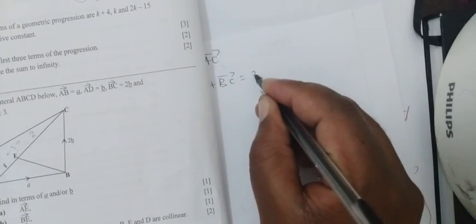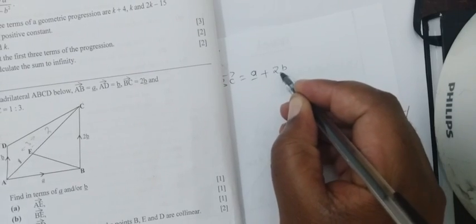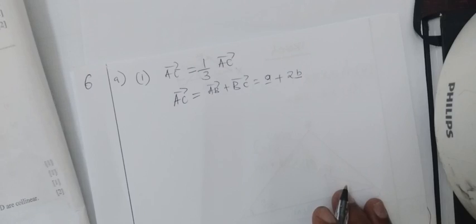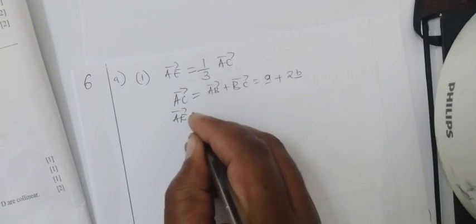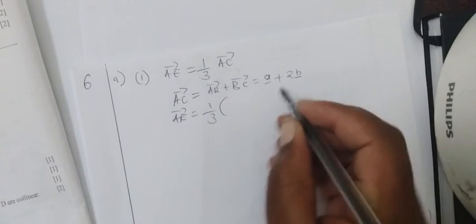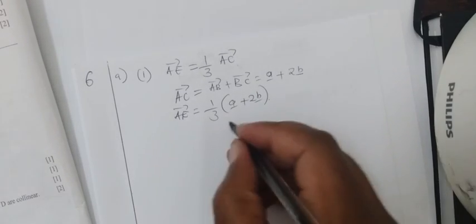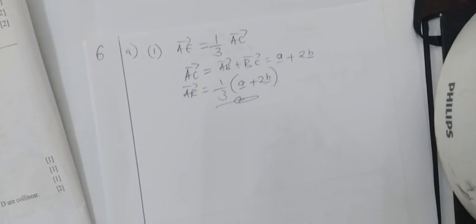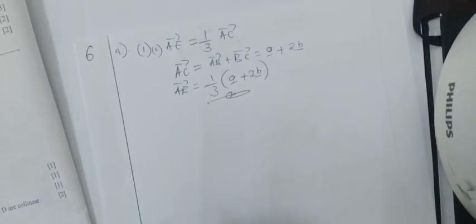It is A. So here I've got A plus BC is 2B. Meaning that our AE shall be equal to 1 over 3 of A plus 2B. This one is your answer. Alright, if you want, you can distribute. Take note, this is A.